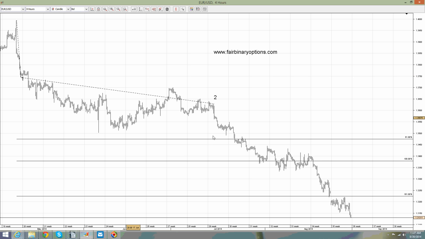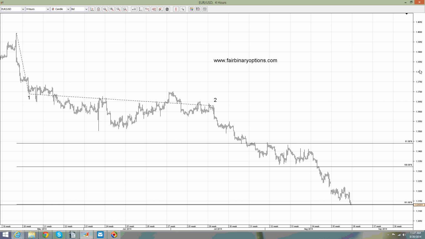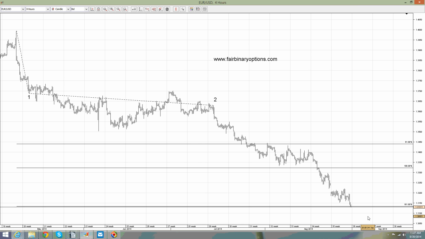If this is the first wave, as you can see, 161.8 is on the gap. I think that most likely the first wave is done here with a classical first wave extension, 1, 2, 3, 4, 5. And in this case, take a look where 161.8 comes, exactly where markets close here.